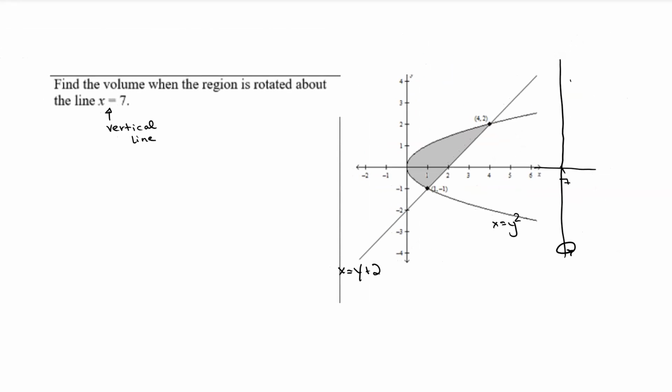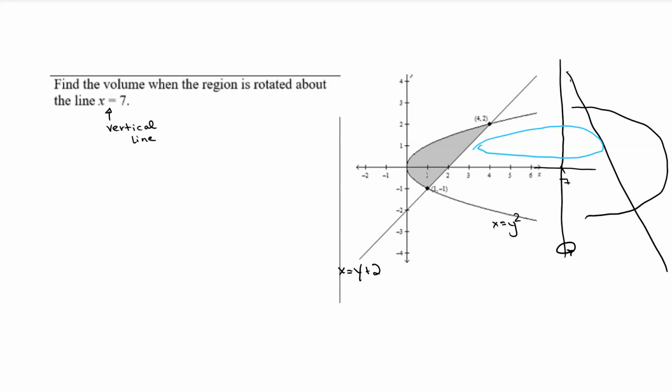All right, so that means if I sketch real quick, the mirror image of this graph. All right, and this is going to have rotated, so obviously not perfect, or these circles would be perfect, all right? But you're going to have cross sections like that. So our inner function here, the one that's closer to that x equals 7, is going to be the line.